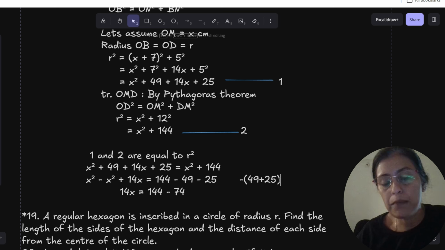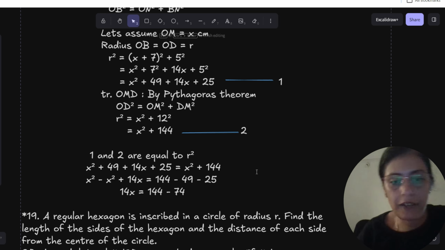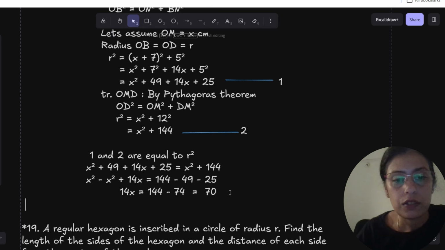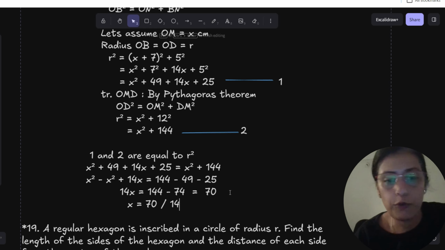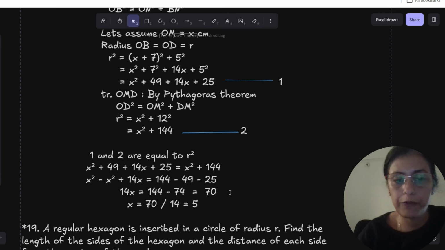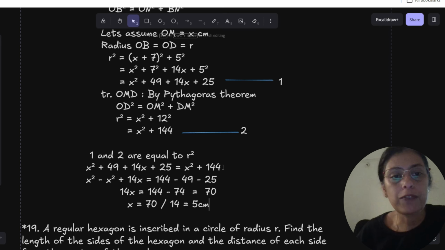So 49 plus 25 is 74. So this is going to be minus 74. So 144 minus 74 is going to be equal to 70. So x will be 70 divided by 14, which is equal to 5. So x is 5 centimeter.